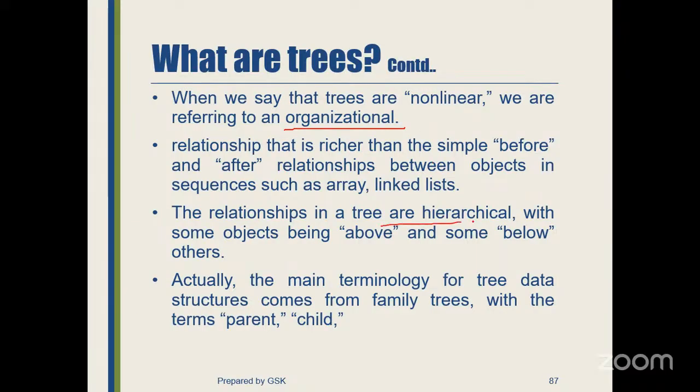It is used to represent data in a hierarchical manner, with some objects being above and some objects below other objects. We have one object; some objects exist above that object, and some objects exist below that object. A better example to understand trees is the parent-child relationship.